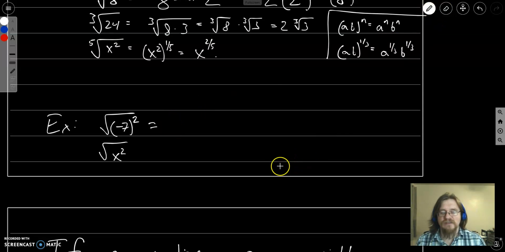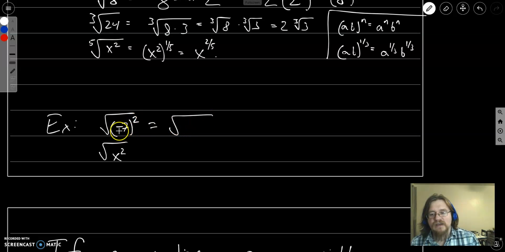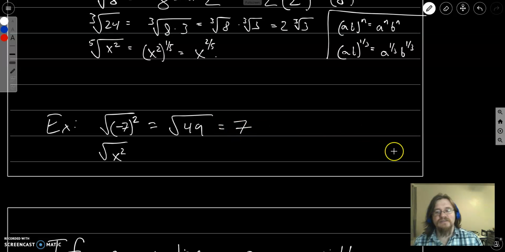So I want to do this step by step. Notice that if I square the -7 on the inside, -7 times -7 is 49. And the square root of 49 is 7, because it's always positive. So we do have to be careful here.